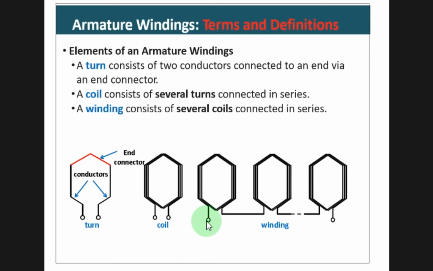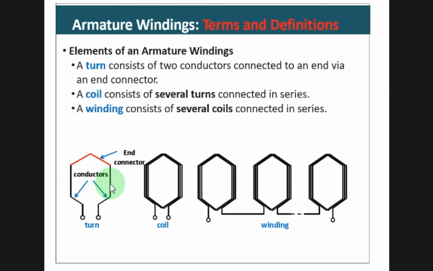Mainly the terms first. A winding consists of turns. A turn is actually one loop of current. That means it has conductors, mainly two conductors, interconnected via end connectors, right?